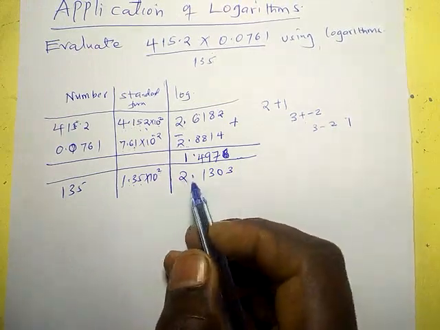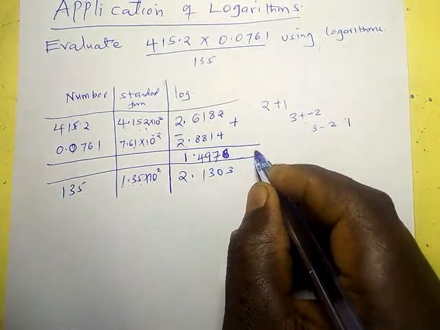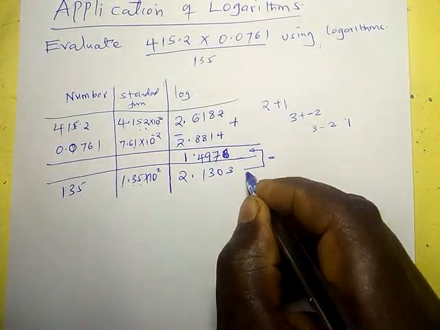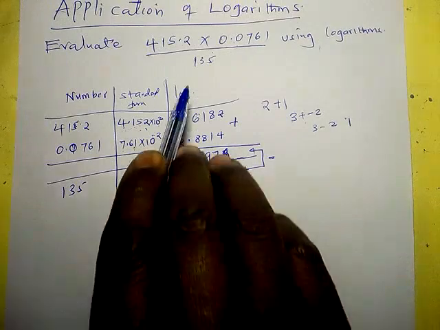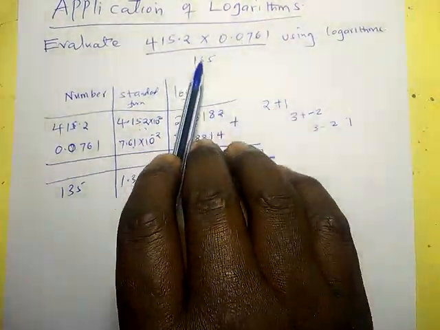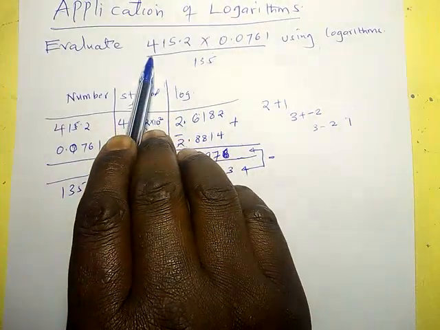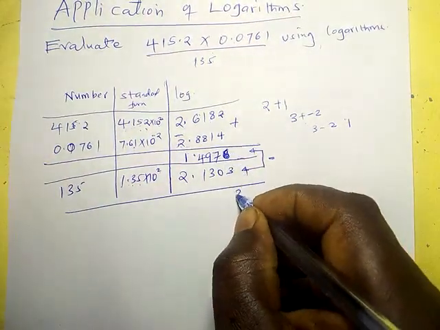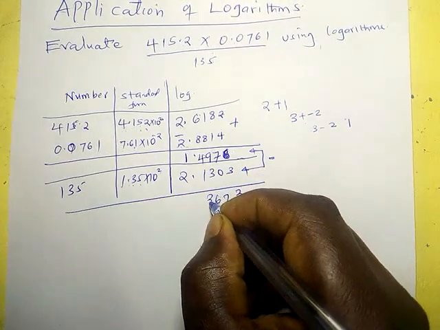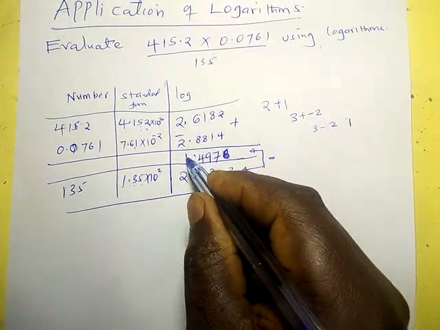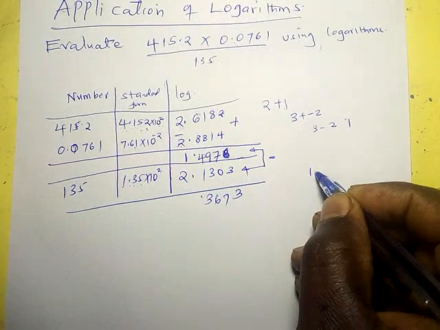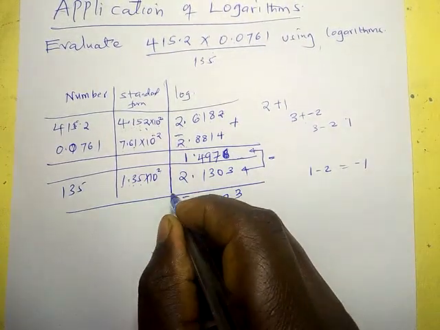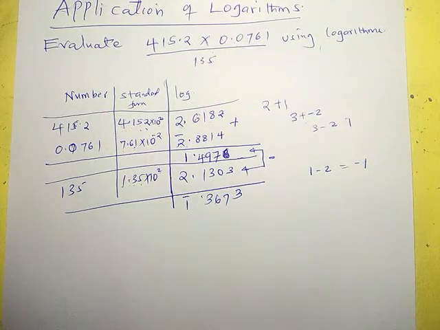Because it is a division, we are going to subtract the answer of the numerator and the answer of the denominator. So when you subtract, that is 3, 7, 6, 3, and this is 1 minus 2. The answer is negative 1. Therefore, we call it power 1.